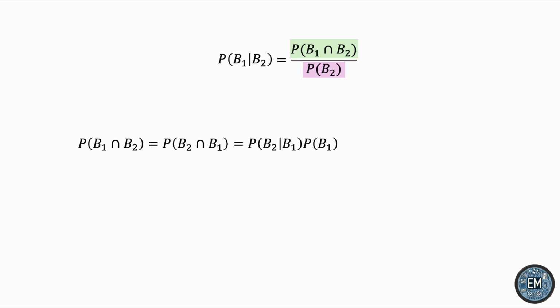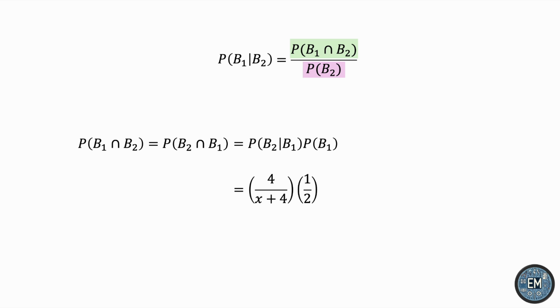The probability of B2 given B1 is the probability that we select a boy on day 2, given that the child born on day 1 was a boy. Well, in that case, we'll have a total of 4 boys, and the total number of children to select from would be X plus 4, because 4 boys in total, and the number of girls would still be X, multiplied by the probability of B1.